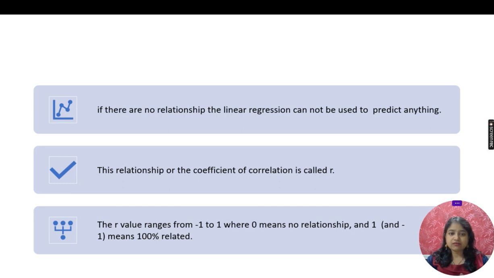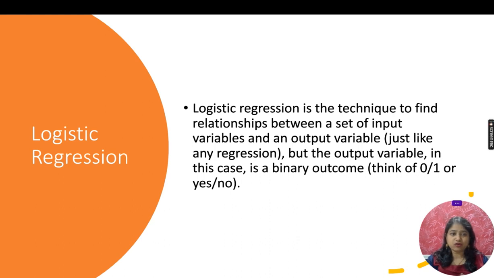The r value ranges from -1 to 1, where 0 means no relationship and 1 and -1 mean 100% related. So we can find out whether the relationship exists or not. Now, logistic regression we'll study in the next video. Thank you.